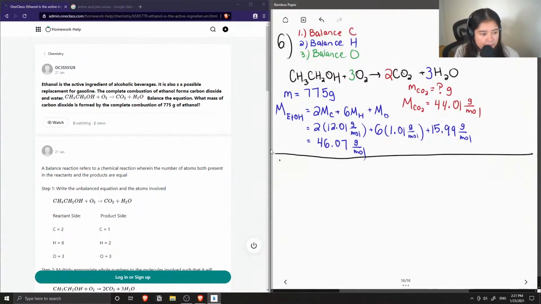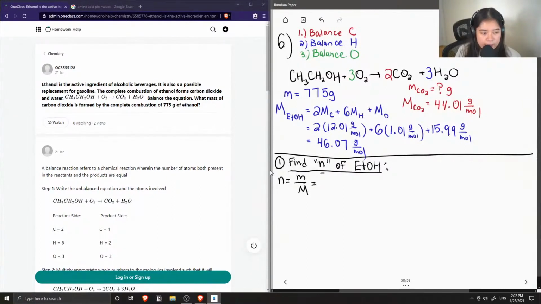Now step 1 is to find the number of moles of ethanol. We do that by using the equation: number of moles is equal to mass over molar mass.